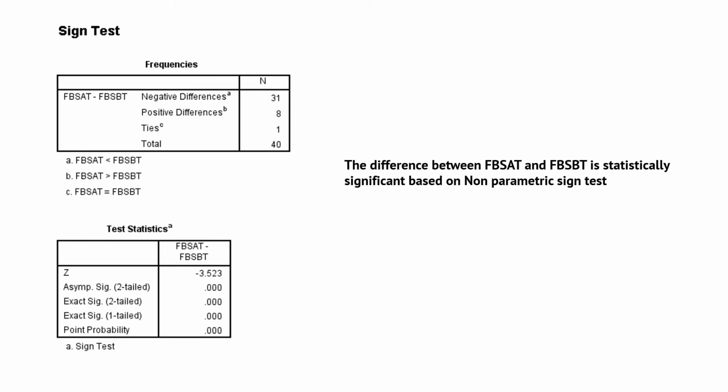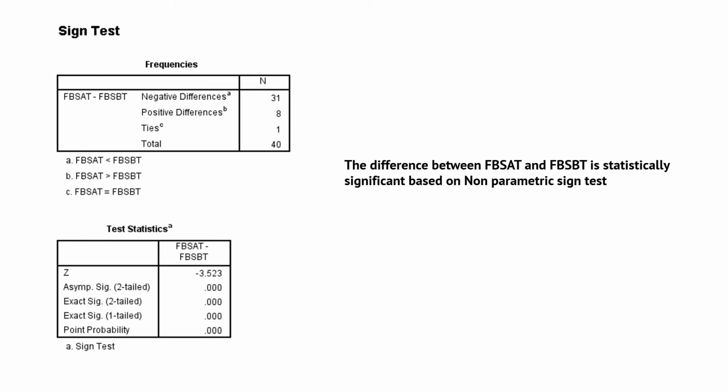But how to know if the difference is statistically significant or not? Okay, look at the test statistics. Asymptotic significance value shows that it is 0.000. That means it is less than 0.01. Okay, so the difference is statistically significant.